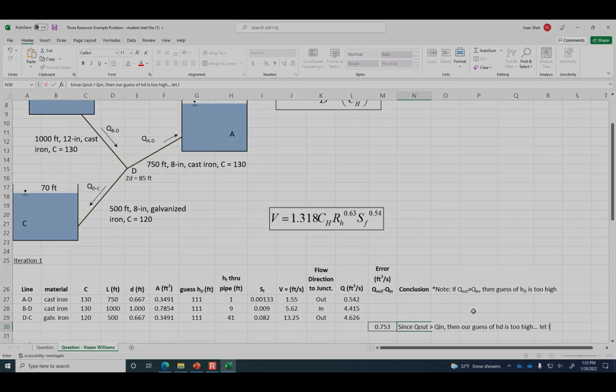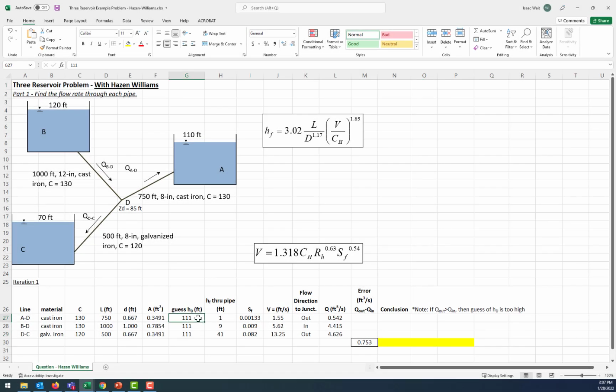So let's lower it. We started with an initial guess of the head at D is 111 feet. And what we can do is use goal seek in order to find what guess value of the head will lead to 0 error in terms of continuity equation.